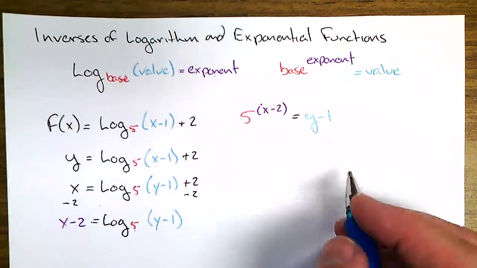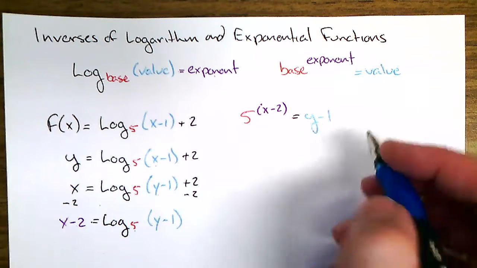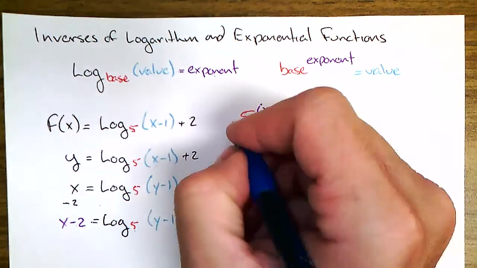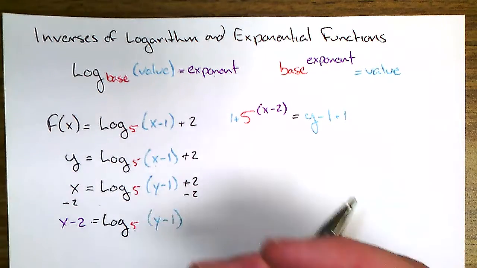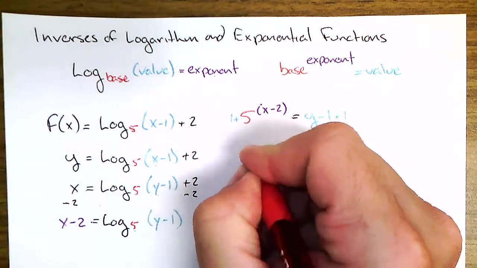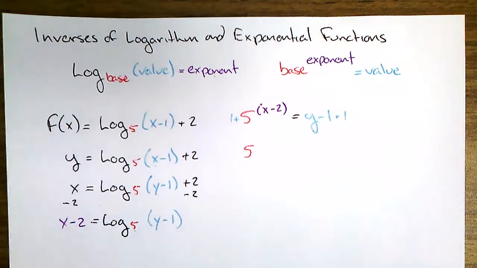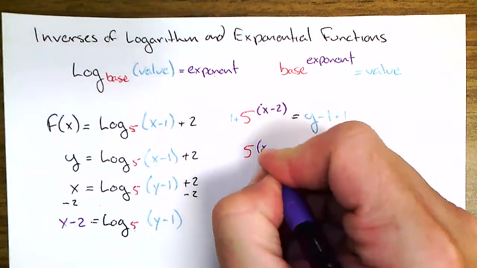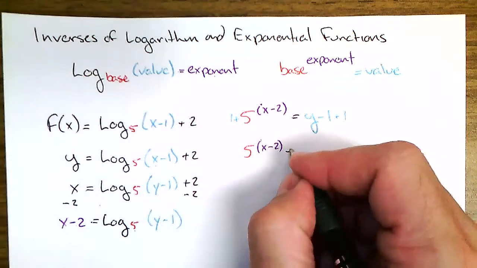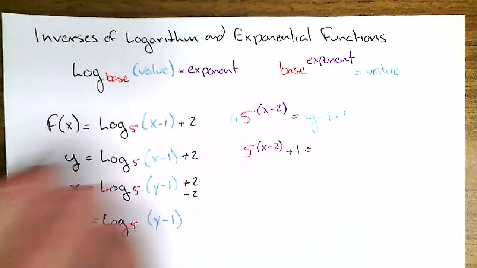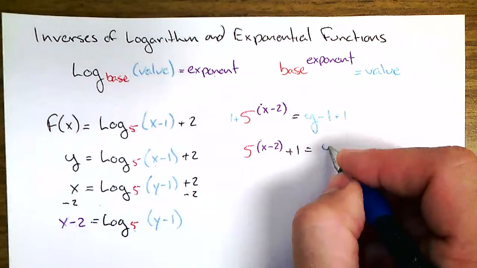And my last step is simply to bring this 1 over by adding 1 to both sides. So my final solution for my inverse is 5 to the x minus 2, plus 1, equals y.